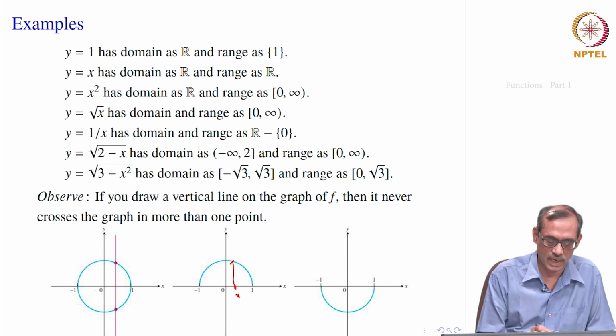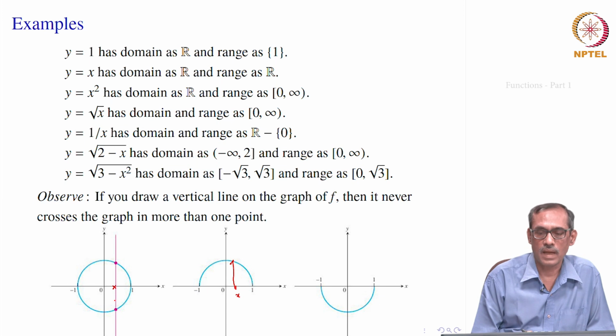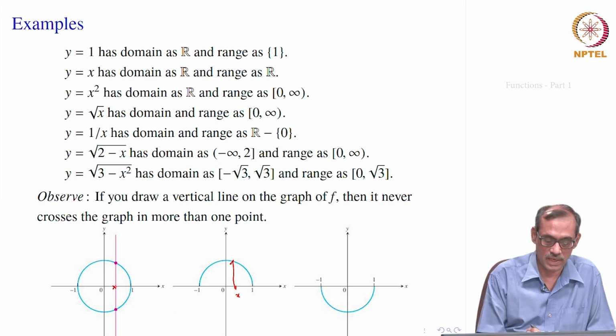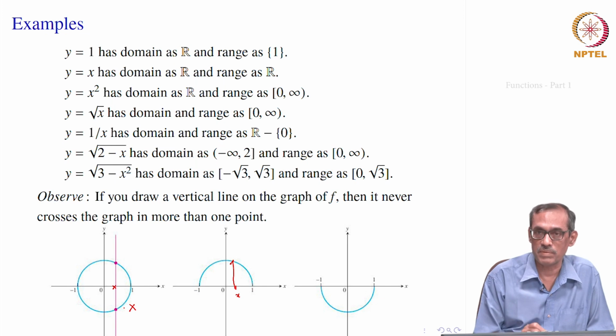But if you go to the other side, the first picture, if you take any x here, corresponding to it there are 2 points now, and that is excluded from the definition of the function, that from a point it should take to a unique point. So, this is not unique now, there are 2 points corresponding to that x. Therefore, this is not the graph of a function.